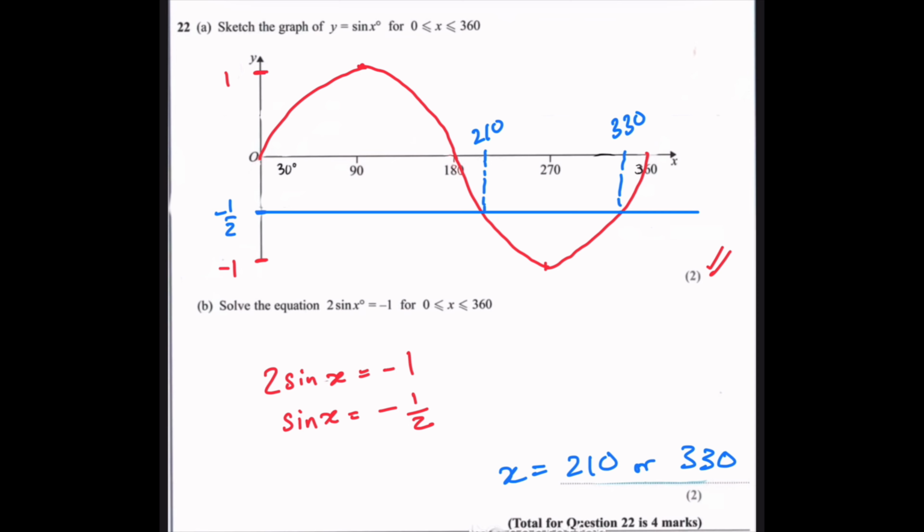If you had a calculator for this, you could inverse sine: x equals sine minus 1, and apply sine minus 1 to this side as well, sine minus 1 of minus a half. And this would give you the same answers. But for the purposes of this question, you must read off the graph.